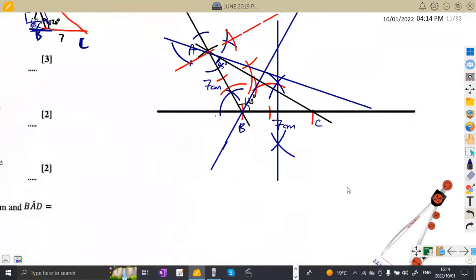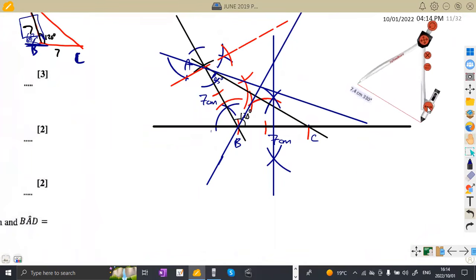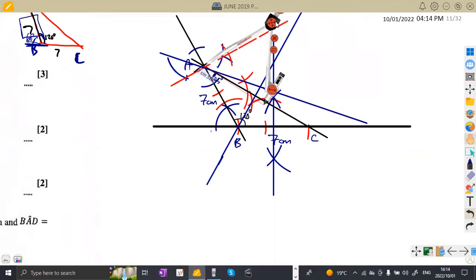We are going to measure 7 centimeters, okay? So according to me, this is my 7 centimeters here. All right. This is my 7 centimeters. So I have to mark now from that point from A, because it's supposed to be BAD, along this line that we need.